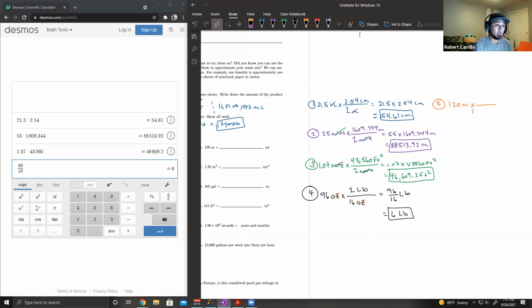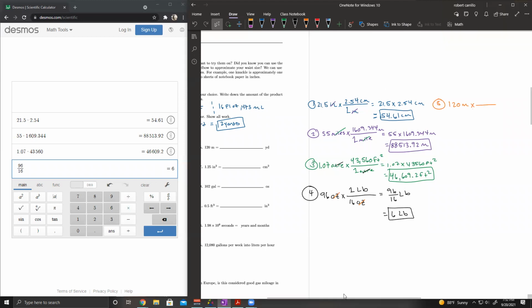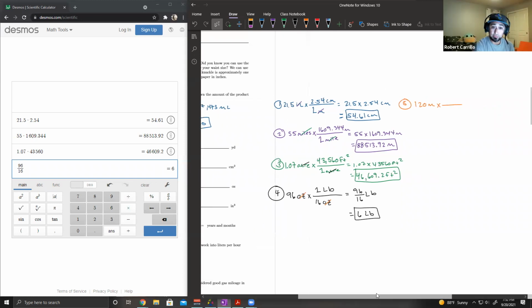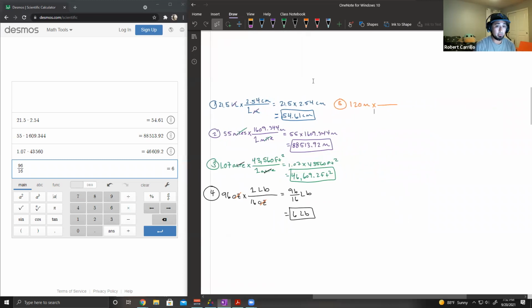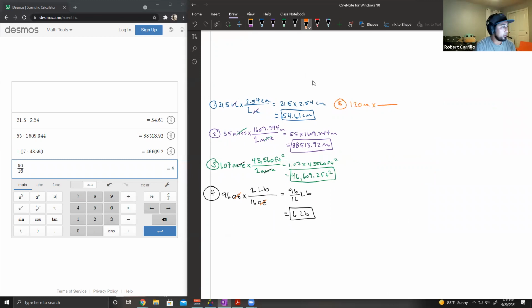Is it possible to go from meters to feet to yards? Yes.